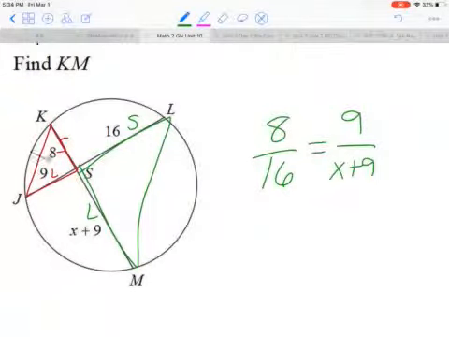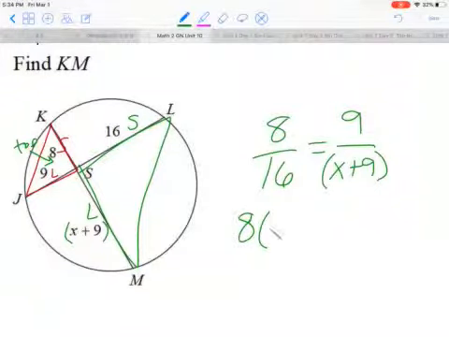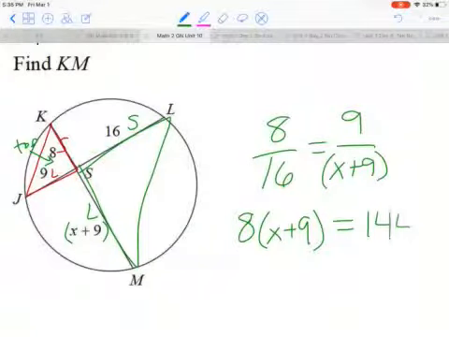So we kept this triangle as the top, 8 and 9. And when we cross multiply it, just make sure you put that in parentheses. So I'm going to go ahead and do that on my picture too. It's probably the first thing you want to do. So we get this equals, double check my math on this one, 144.